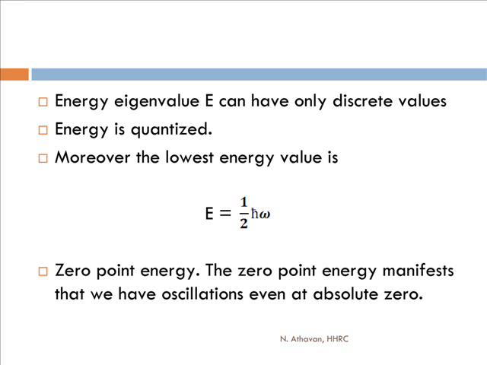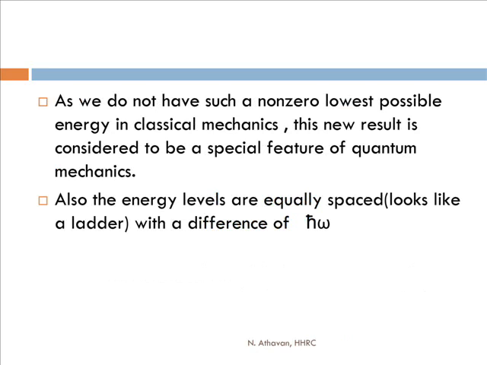In classical mechanics, we get the lowest possible energy as 0, but in quantum mechanics, the lowest possible energy is not 0, but half h cross omega. This half h cross omega energy, we term as zero point energy. So this zero point energy manifests that we have oscillations even at absolute zero.